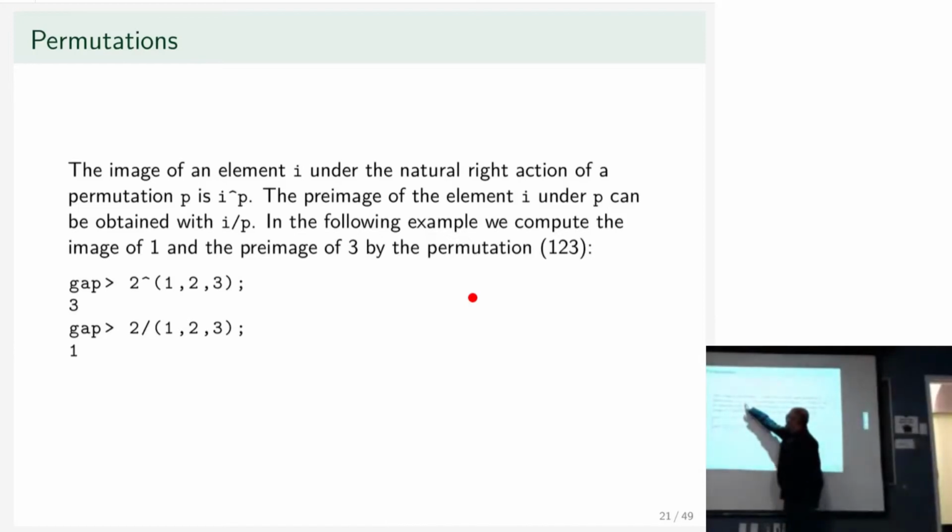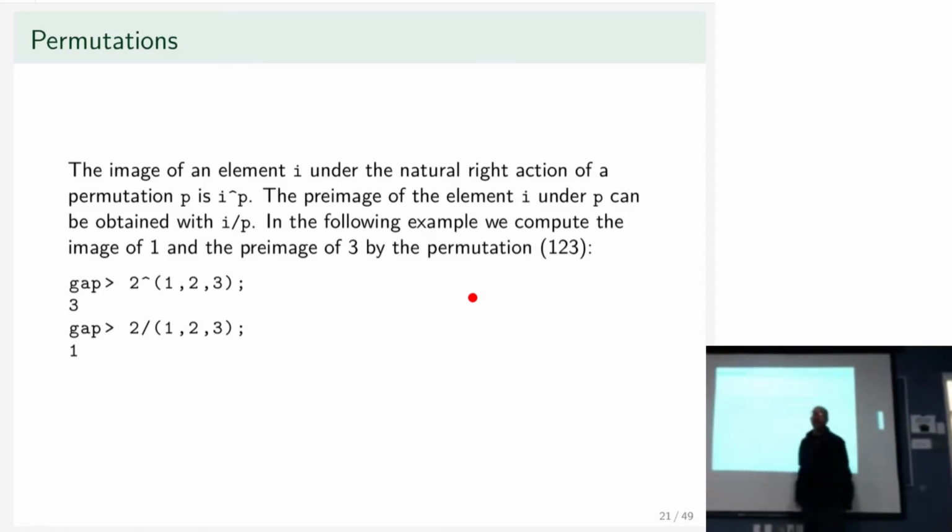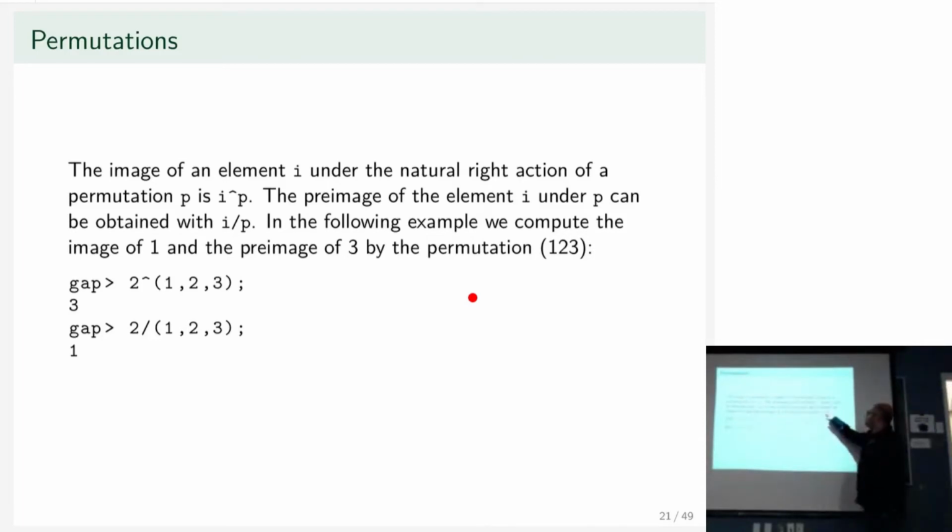So i to the p is the value you get after applying the permutation p to i, right? And of course, you can also compute the pre-image with this backslash. So this permutation, 1 goes to 2, 2 goes to 3, 3 goes to 1. This is what we were doing before, right? This is how we read the permutation. Is it clear?